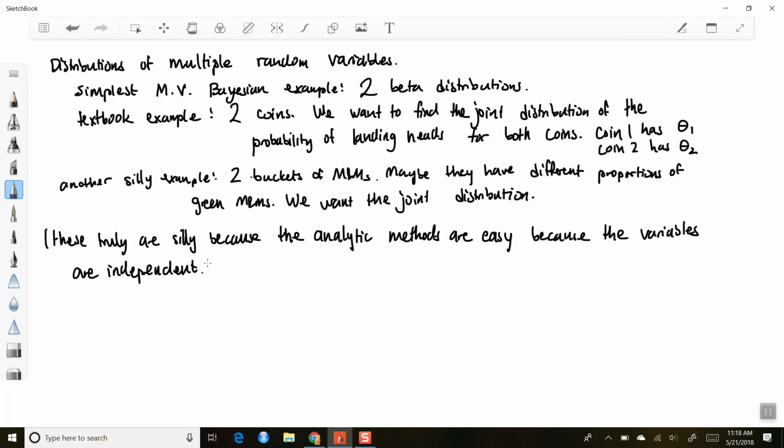But we'll study this as a joint distribution, and these concepts can be generalized for other situations. We'll study this illustrative example to help us in more complex scenarios.